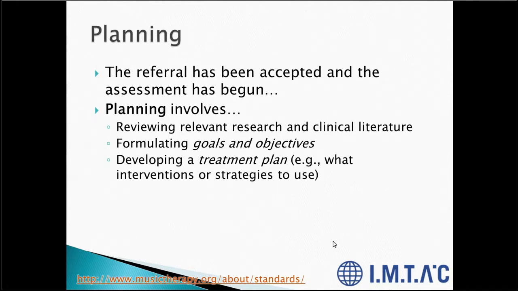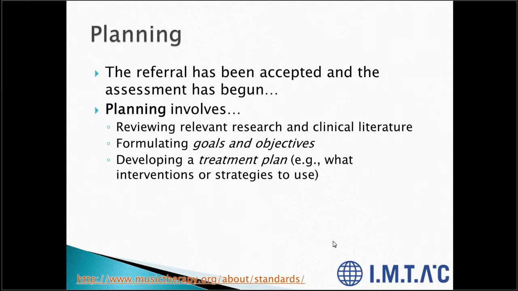Planning involves formulating those goals and objectives and coming up with a preliminary treatment plan. Again, think about reviewing, interviewing, observing, and testing, R, I, O, and T, and what role do those different methods of assessment play in the planning stages.